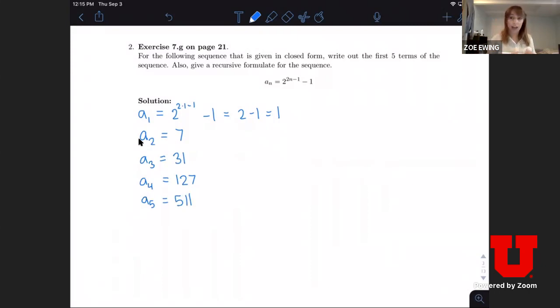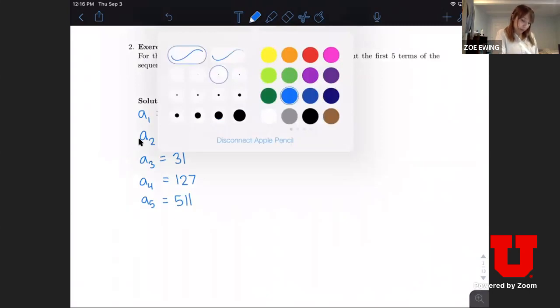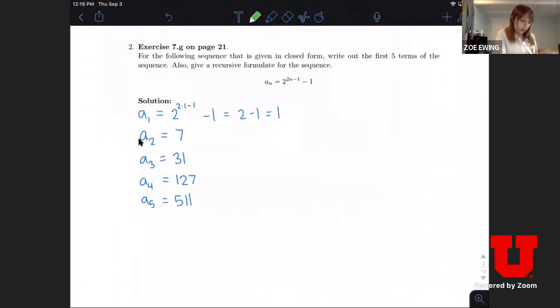So the way that I like to do the recursive formula is to just figure out the patterns in the sequence. That can sometimes be difficult depending on the sequence, but for this one, what I noticed right off the bat, I like to go through and notice the difference between each number. So between these we've got 6, and then 31 minus 7, we've got 24. 127 minus 31, we've got 96.